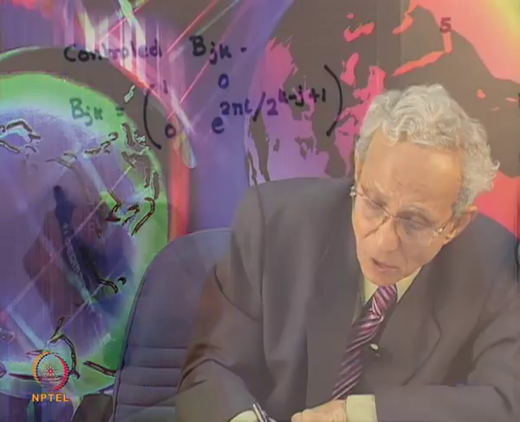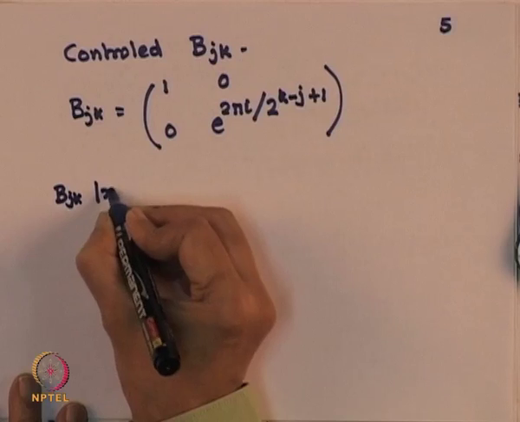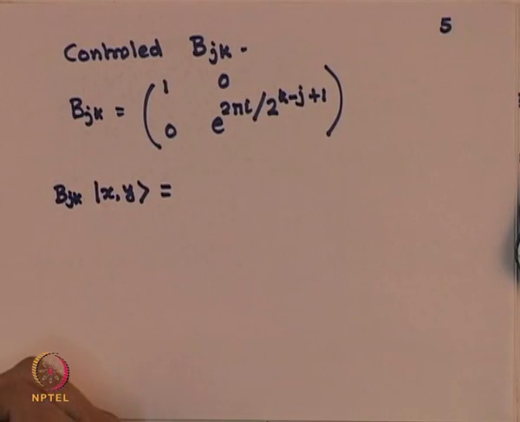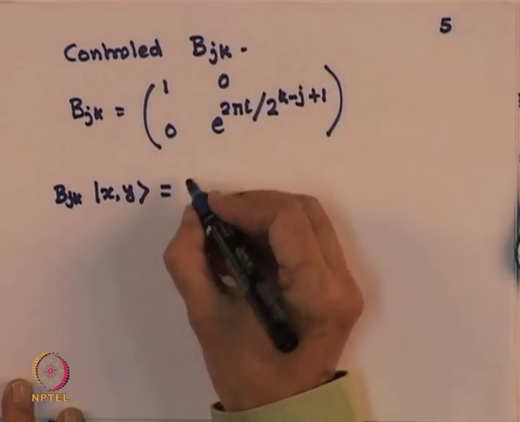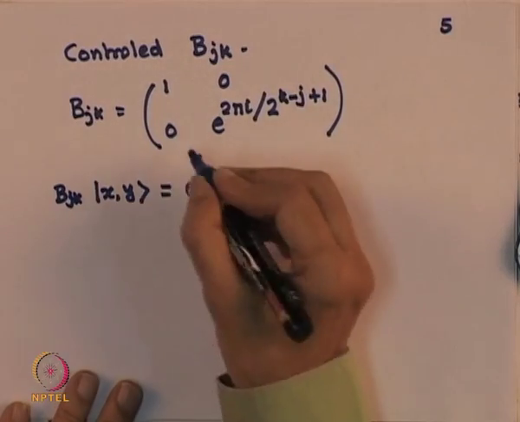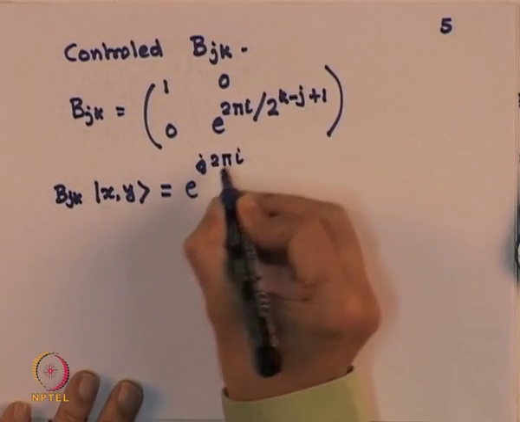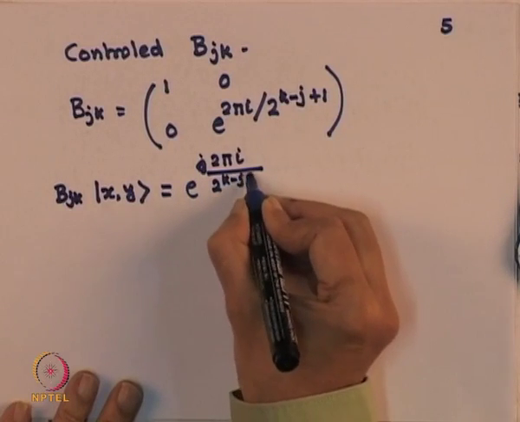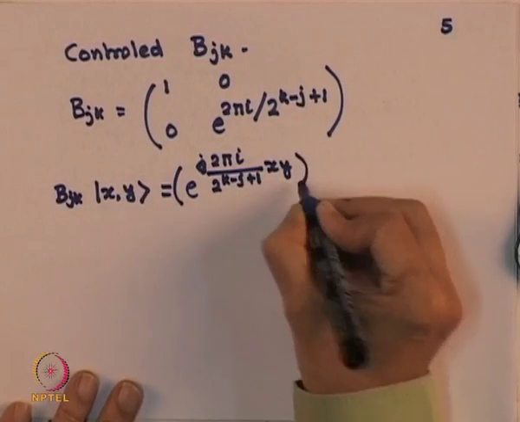So let us look at what is the effect of controlled BJK on, let us say, state xy. The controlled BJK gate acting on this gives me e to the power 2 pi I by 2 to the power k minus j plus 1 xy, that is a phase factor times xy.